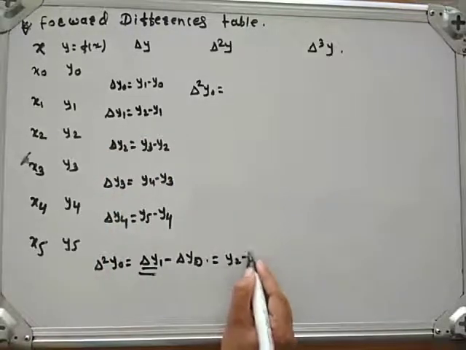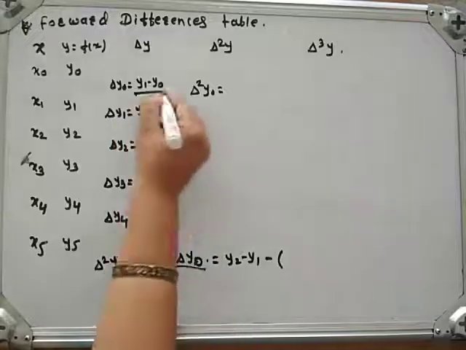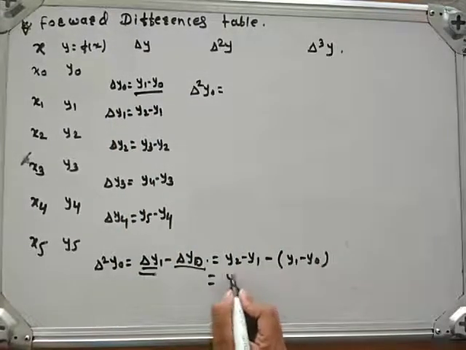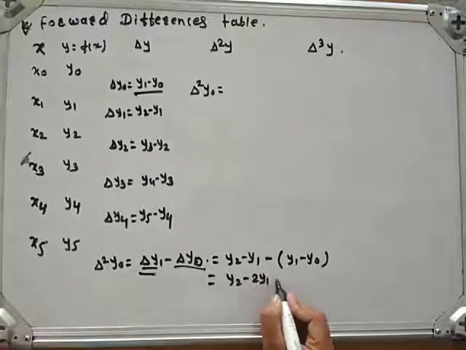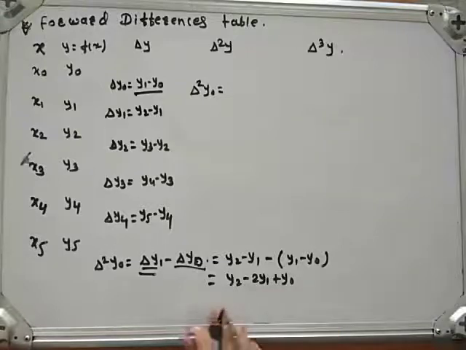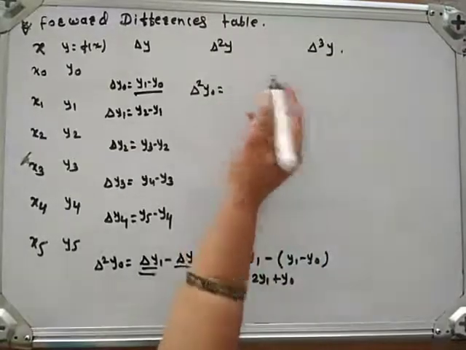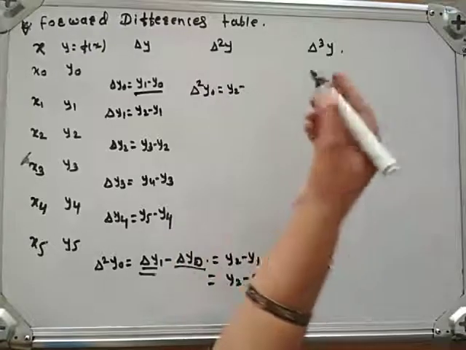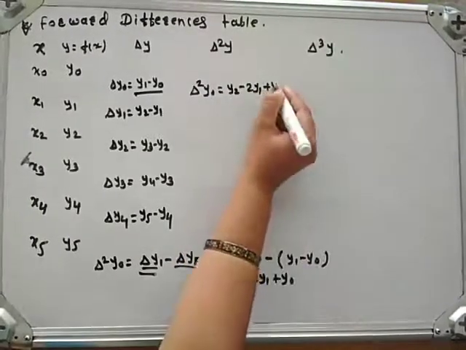It is y2 minus y1, minus delta y0, which is y1 minus y0. So y2 minus y1 minus y1 is minus 2y1, plus y0, which is equal to y2 minus 2y1 plus y0. Here we can write y2 minus 2y1 plus y0.